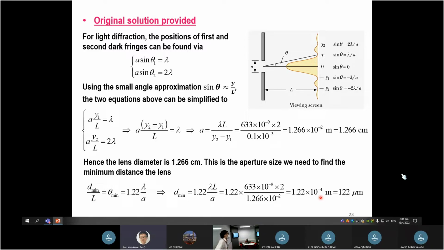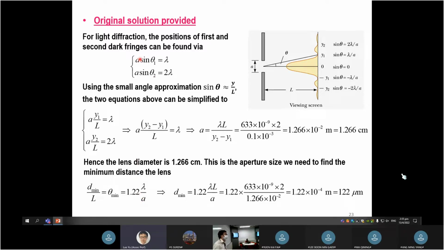So why do I say this question is difficult? Because if you directly apply this resolution equation, you will find that you don't know what A is. Normally, the question will give you the diameter or width of, for example, the imaging aperture. But this one does not give it.